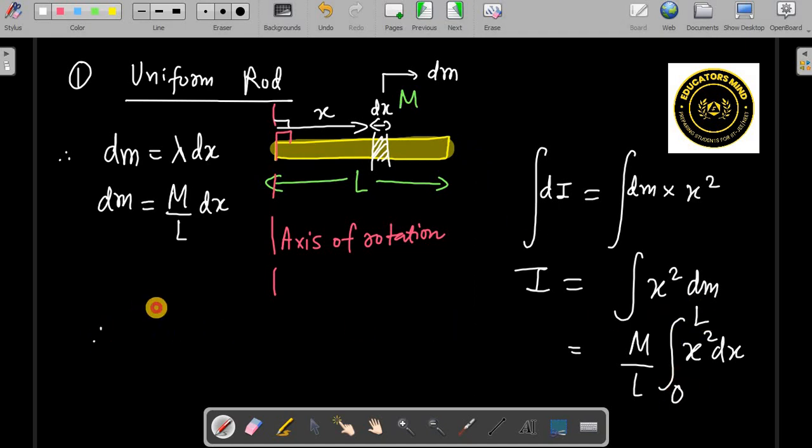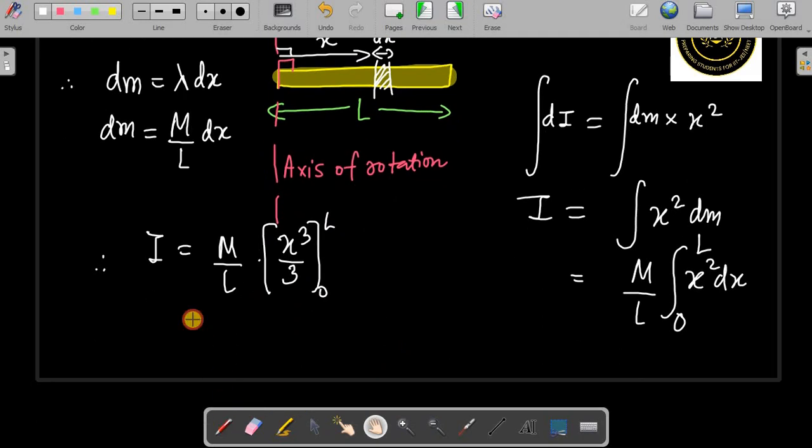Let us integrate this, and you will get M by L times x cube by 3, right? x cube by 3, and you have to put the limits 0 to L. So if you solve it, you will see M by L times L cube by 3, which is ML square by 3.